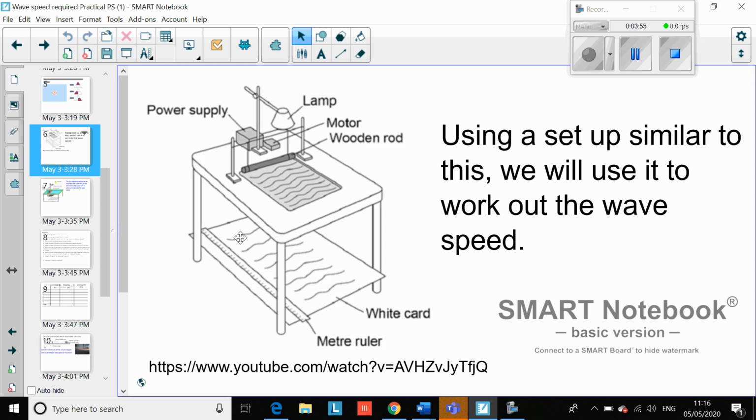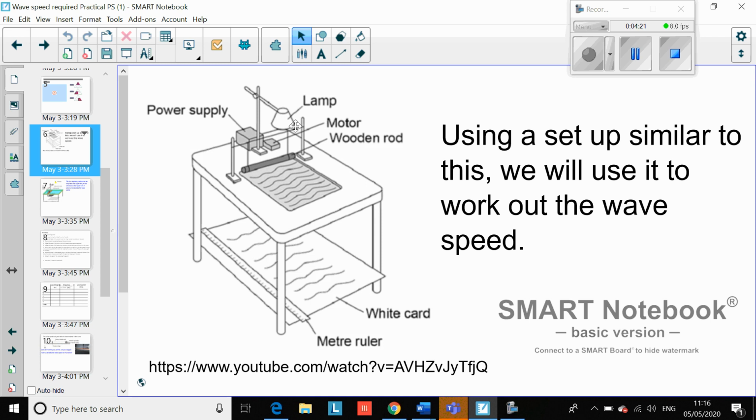The waves are going to be moving across, so it's going to be quite difficult to measure the waves as they move. There are two possibilities. If you use a strobe light or a stroboscope, it will appear as if the waves are still, even though they are actually moving. A strobe light gives the appearance of the waves being completely still.